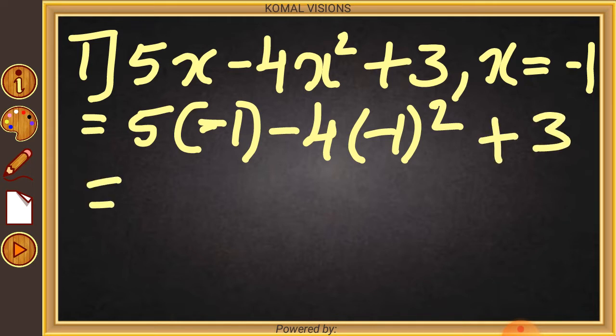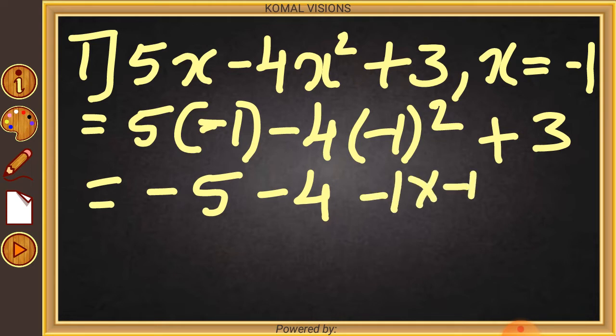Again it will be 5 into minus 1 is minus 5. Minus 4 into minus 1 whole square will be minus 1 into minus 1. I can write a square as a into a. In the similar manner, minus 1 whole square can be written as minus 1 into minus 1, plus 3.